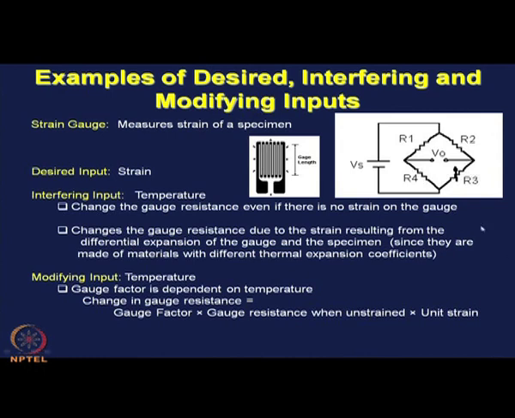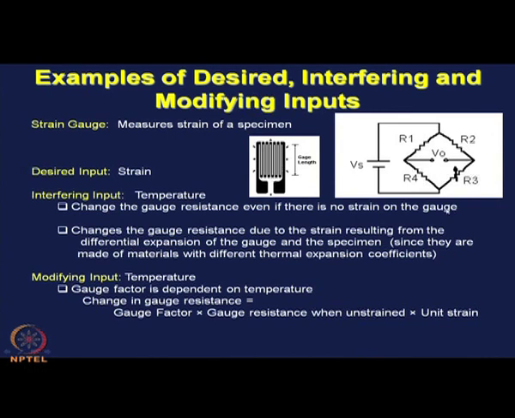So, if I take help of a Wheatstone bridge and put the strain gauge here, and then first maintain null point, and then I strain the specimen, so the resistance wire gets strained, which will cause a change in the resistance of the strain gauge.